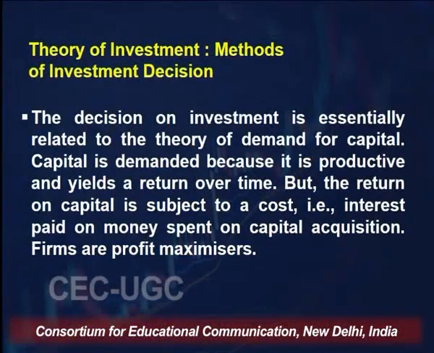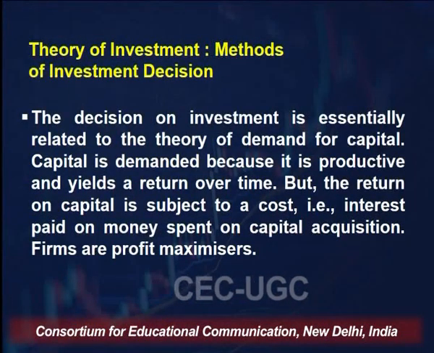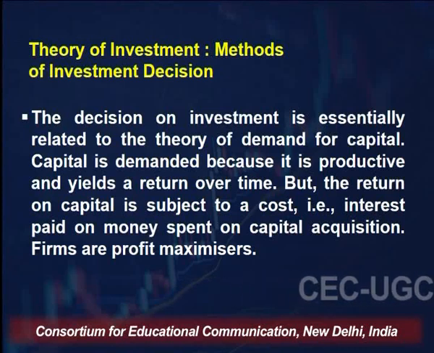The next part of this session is: what are the different methods for investment decision making? How do we decide whether we will go for the investment or not? The decision on investment is essentially related to the theory of demand for capital. Capital is demanded because it is productive and yields a return over time.